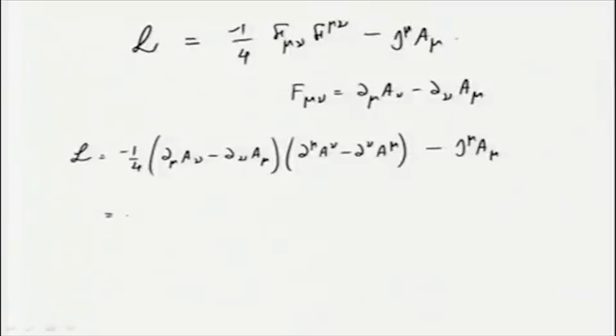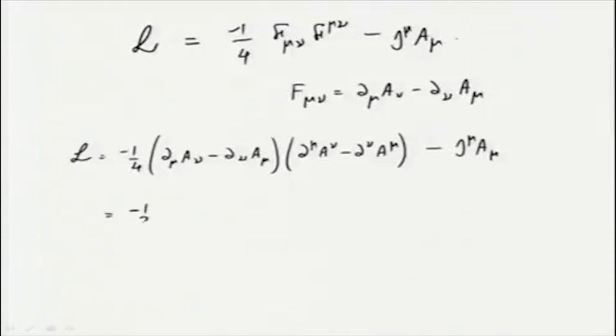Remember also the Lagrangian density should not have any free index. So, all the indices are summed over. So, then only you will have an invariant quantity. Lagrangian density is a Lorentz invariant quantity, a Lorentz scalar.